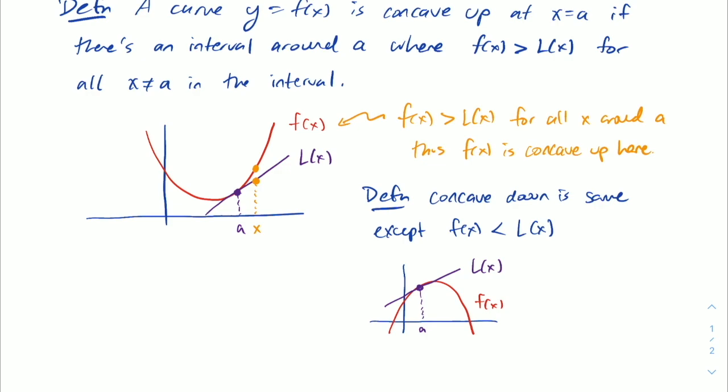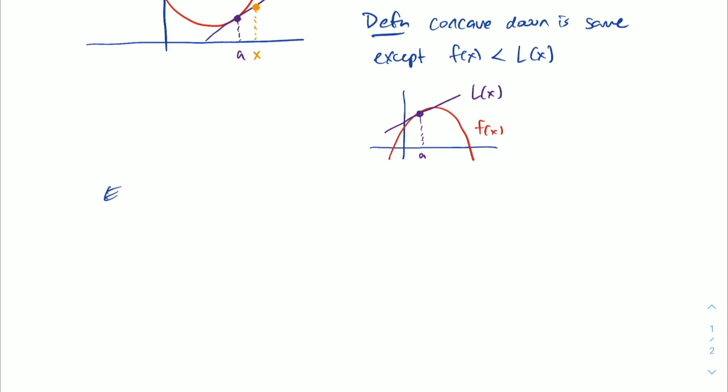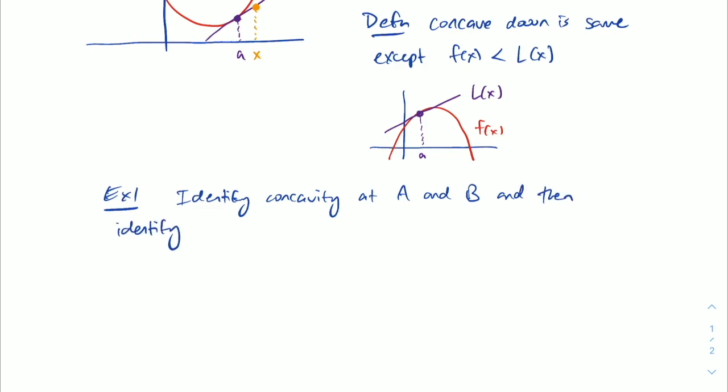Okay, so let's do a couple examples. We want to identify concavity at 2 points on a graph. And then we want to identify the intervals of concavity for this function.